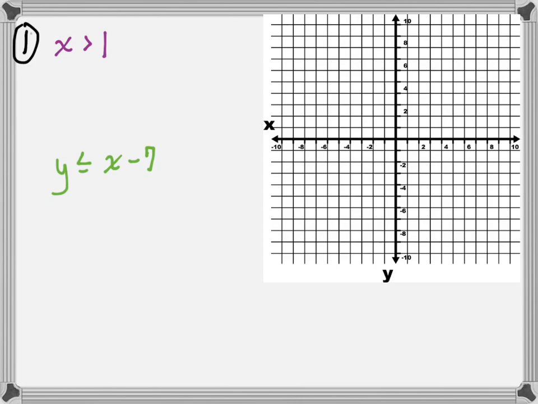So I need to graph everything where X is greater than 1. And so for the values of X to be at 1, it needs to be somewhere up and down from positive 1 on the x-axis. So somewhere along this line.